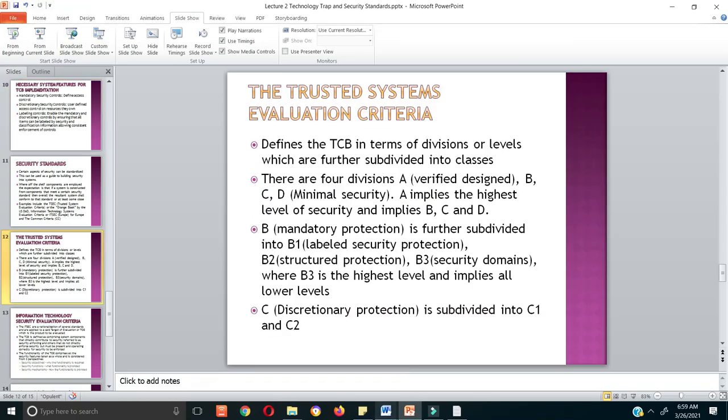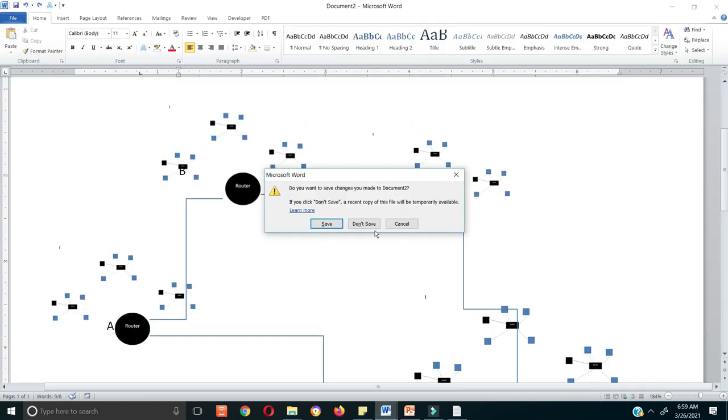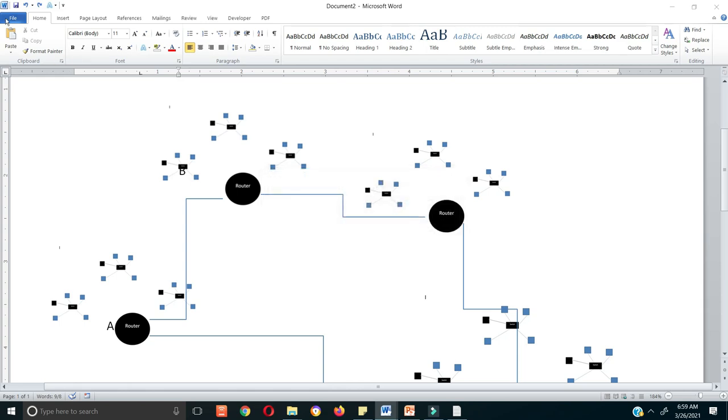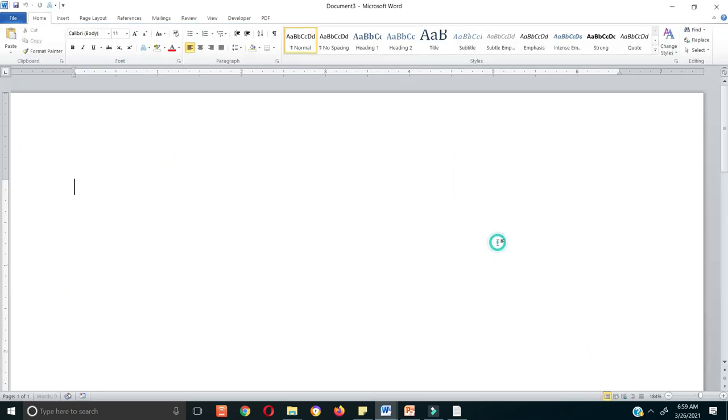So you can think of this as a pyramidal system. If I create a new document here, so here we go.